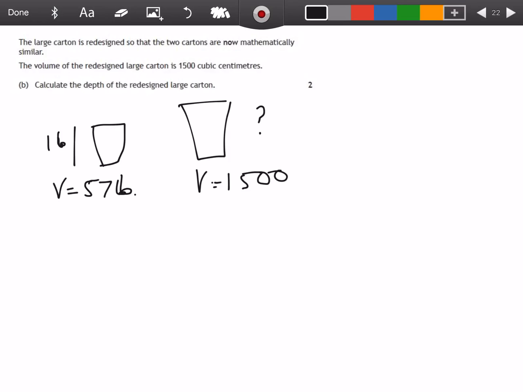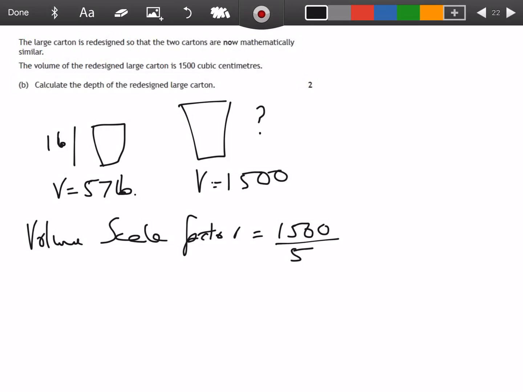Right, if we knew the scale factor, we'd be able to do this. Okay, we know the volume scale factor though. So the volume scale factor is 1500 divided by 576. That tells us 2.604, roughly something like that, okay?